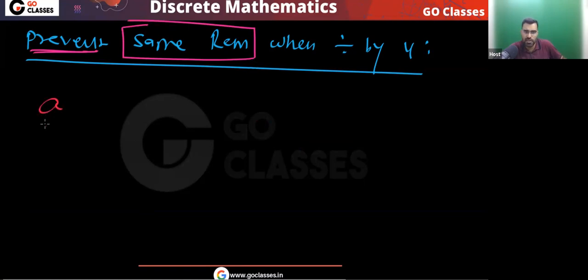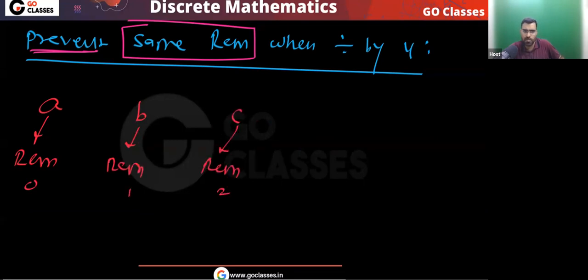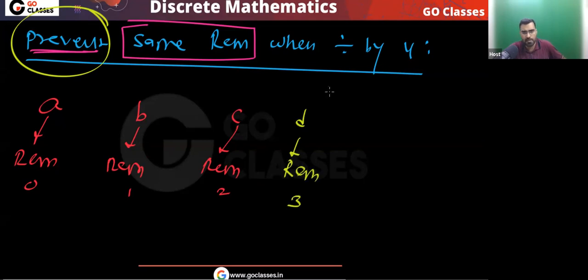You can take a number which gives remainder 0, a number which gives remainder 1, a number which gives remainder 2, because you want to prevent the same remainder, and a number which gives remainder 3. Now tell me, if I take a fourth number, what will happen? If I take the fourth number and divide by 4, either the remainder will be 0, and then they have the same remainder, or the remainder will be 1, and they have the same remainder.